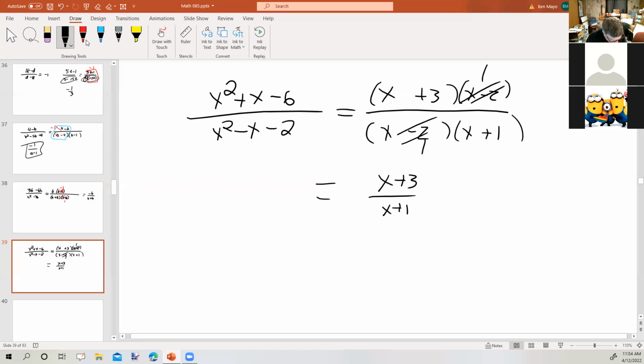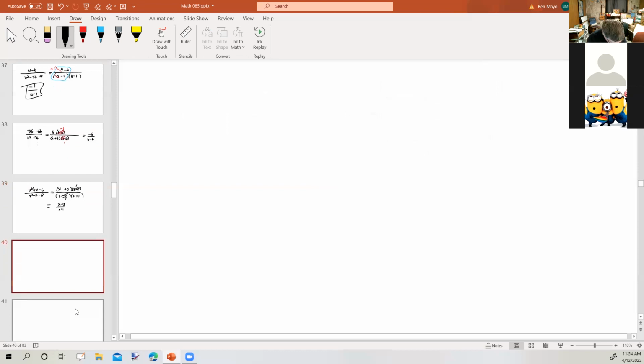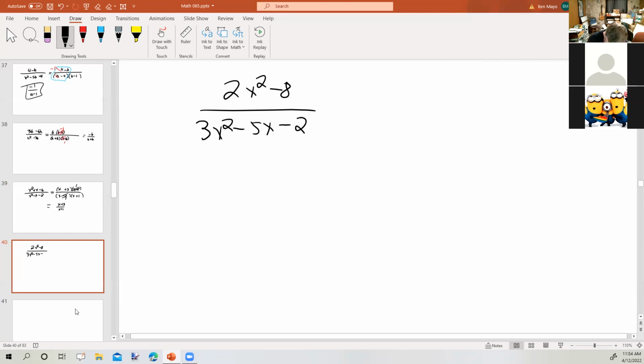How about, let's do this one. 2x squared minus 8 over 3x squared minus 5x minus 2. What are we going to do first? Factor. Okay, we're going to factor out a 2. Then we're going to factor the difference of two squares.